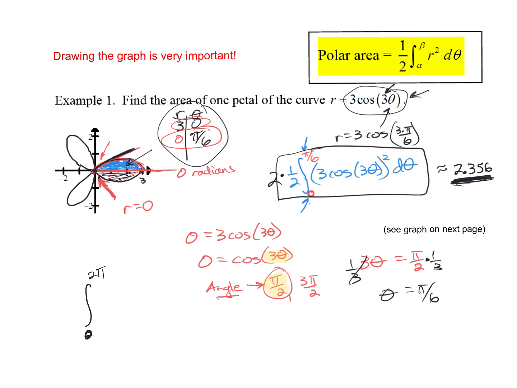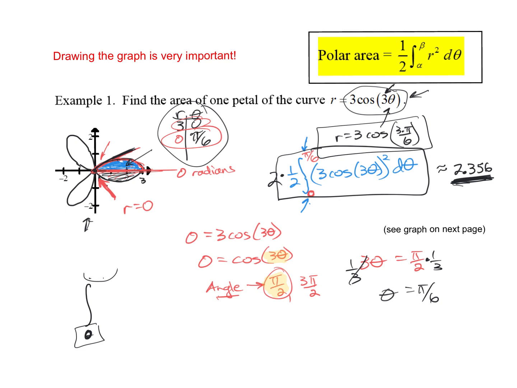Well, kind of. There's one small problem with that. If you go from 0 to 2pi, you don't notice it on your calculator, but if you graph this, going from the angle 0 to 2pi, it actually is tracing this twice.